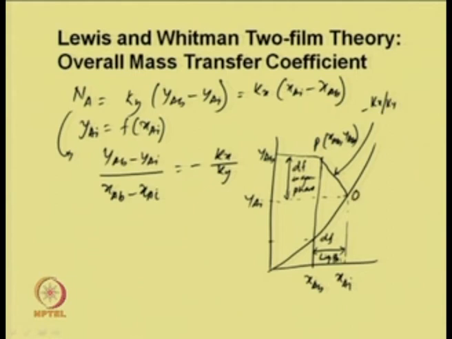And suppose this is Q, which is XAI, YAI. Now, NA is equal to Ky (YAB minus YAI) is equal to Kx (XAI minus XAB).